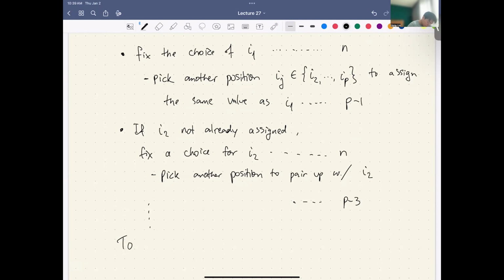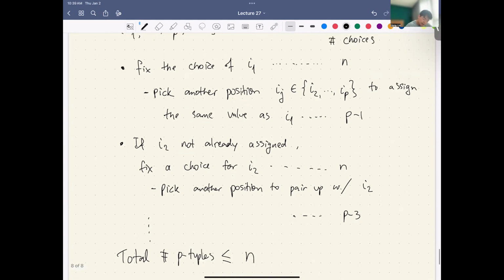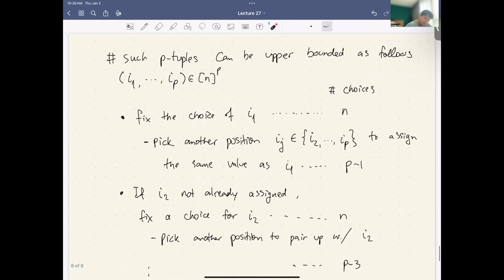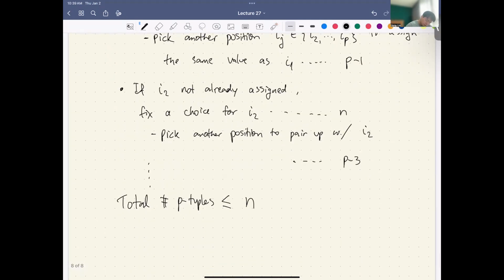So the total number of choices, for P tuples, is at most, you choose n choices for half of the indices, P over 2, each one of them. You choose arbitrarily, and you need to do pairing. So the first pairing is P minus 1, second pairing P minus 3, P minus 5, dot, dot, dot, all the way down to 1.